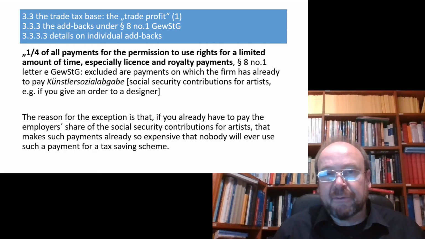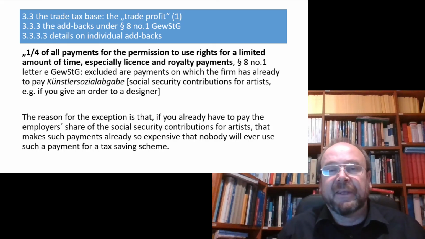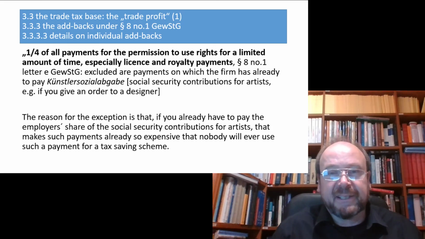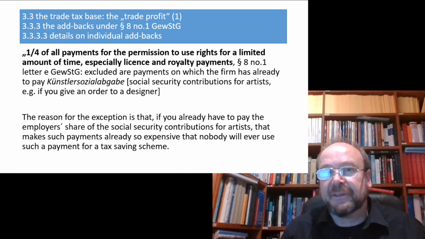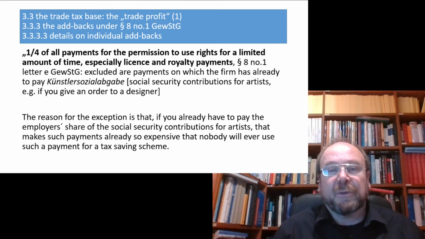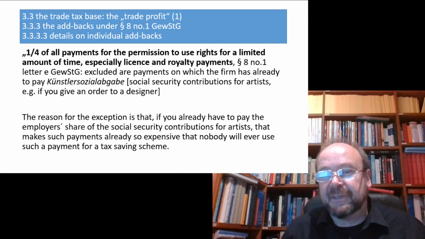Excluded from that add-back rule are certain payments for which the firm has already to pay the German so-called Künstlersozialabgabe, that's the social security contributions for artists. That is something which somebody has to pay. For example, if you give an order to a designer or another artist to do something for your firm, then you have in principle to pay what would usually be the employer's part of the social security contributions if that artist were employed.